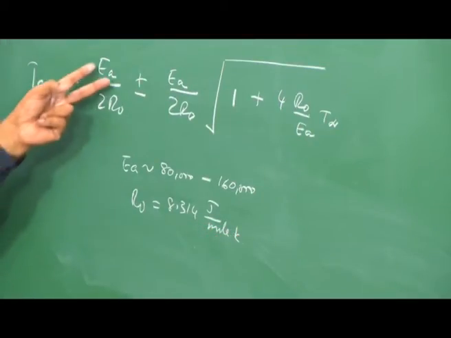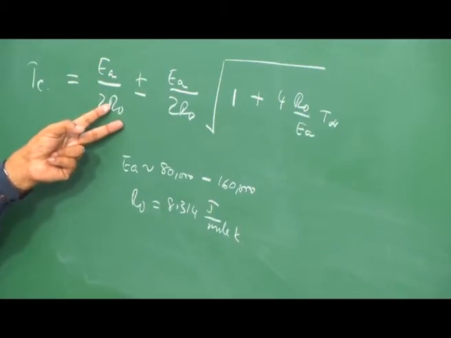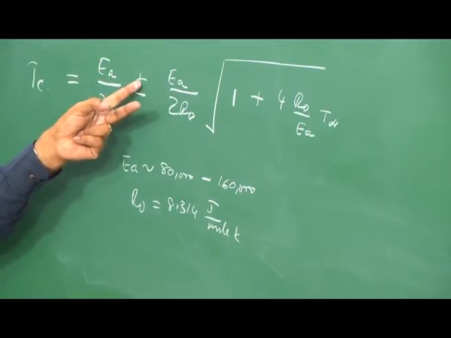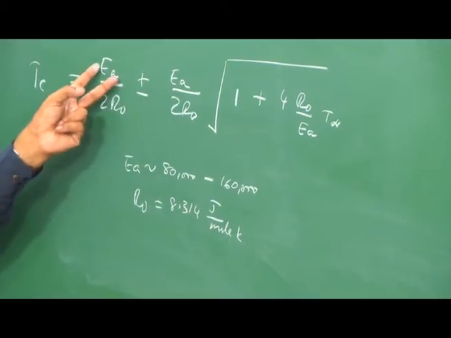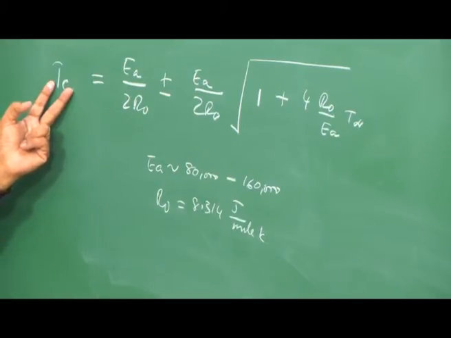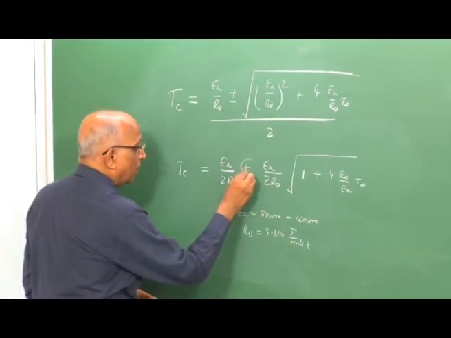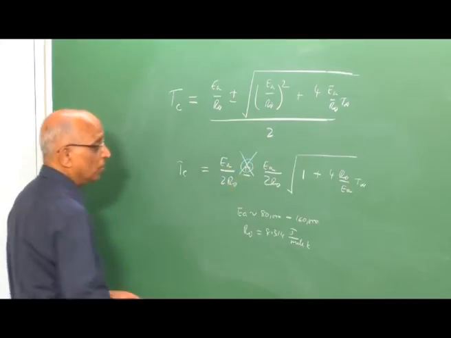Therefore Ea is an extremely large number compared to R naught, and if I have the plus sign over here, what is going to happen? I add 2 large numbers and come back with Tc of the order of 50,000, 100,000 Kelvin, which is fictitious, so the positive sign is not possible.